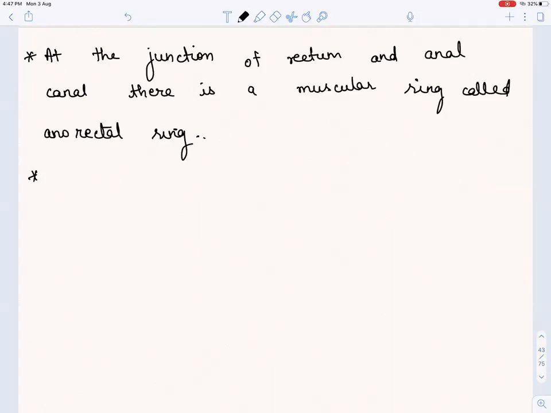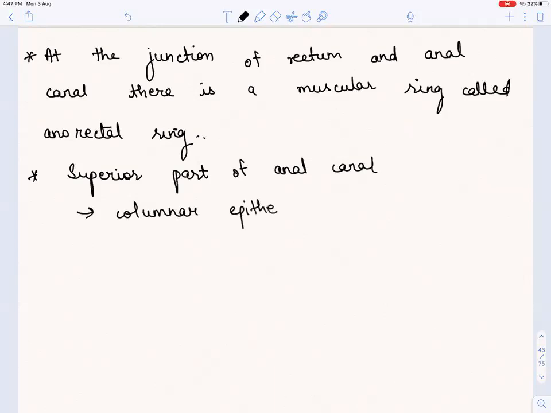And now let us see something about the superior part of the anal canal. It is lined by what? It is lined by columnar epithelium, right? And the rectum is also lined by columnar epithelium.